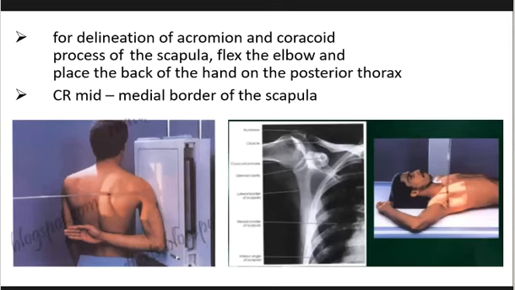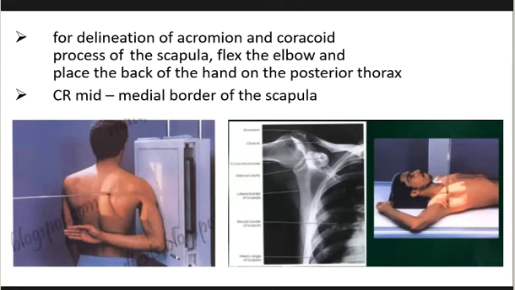In the image on the left side of your screen, that position is used for the demonstration of the acromion and coracoid process of the scapula. To demonstrate them, we flex the elbow and place the back of the hand on the posterior thorax.